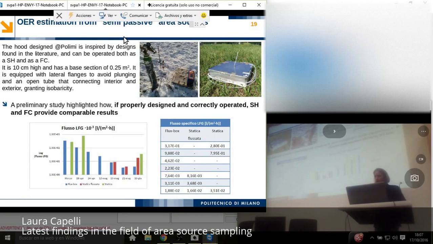It's not easy at all, especially because, as you all know, environmental measurements entail a high degree of uncertainty. So trying to make these correlations is sometimes a very hard task.